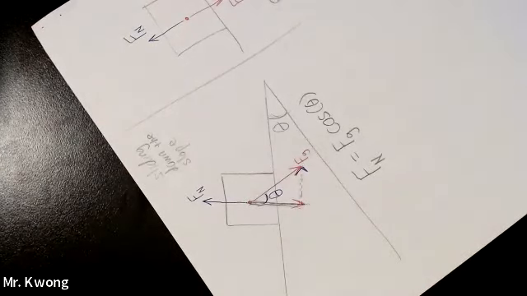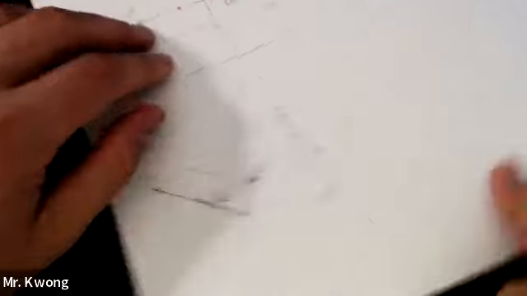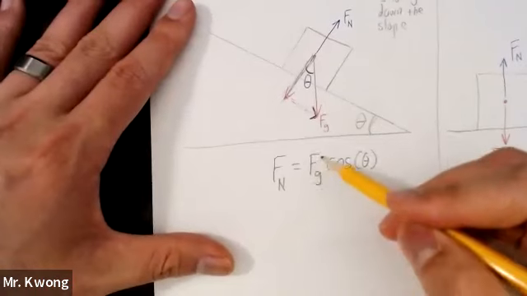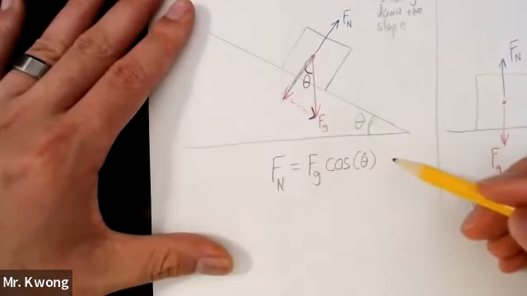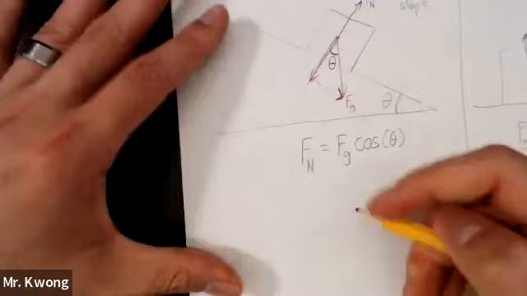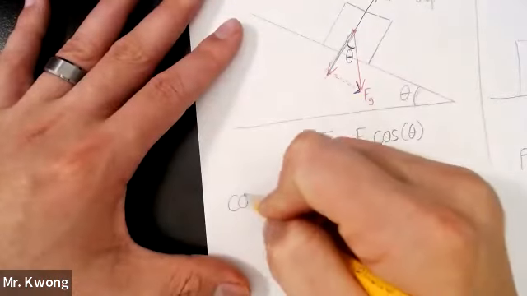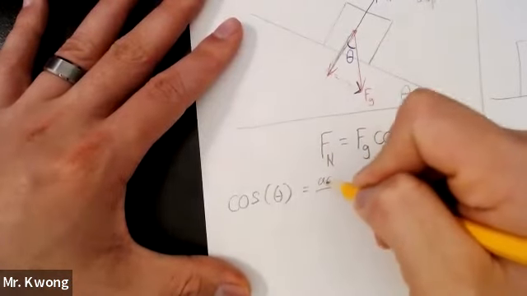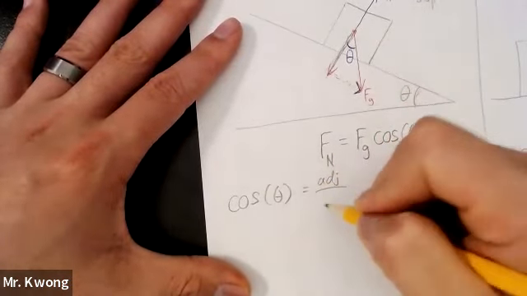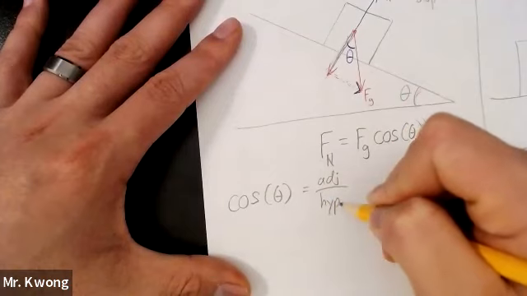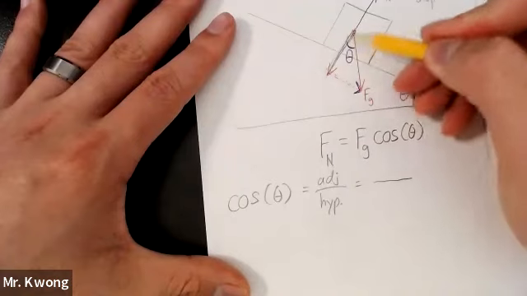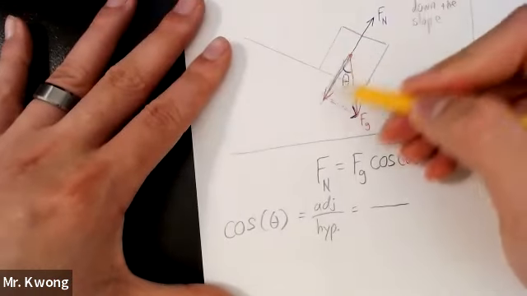The angle itself isn't equal to the normal force, it's the cosine of the angle. Not quite. So the normal force is equal to the force of gravity times the cosine of the angle. Because the cosine of an angle is equal to the adjacent side divided by the hypotenuse. And the adjacent side here was this particular value.